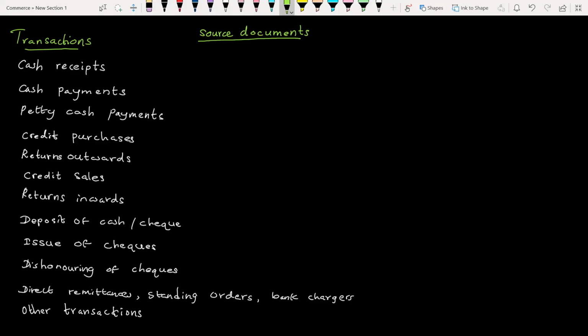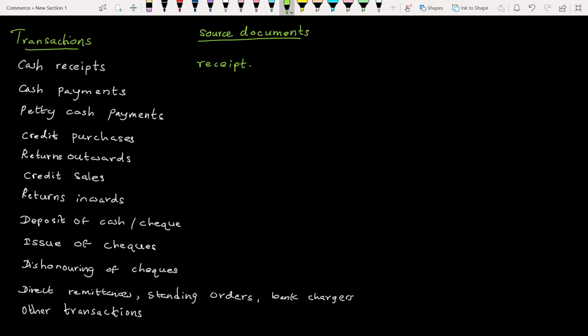The first transaction is cash receipts. Now this means when the business receives cash from a transaction. The source document is cash receipt. And then cash payments. This means when the business makes a cash payment.